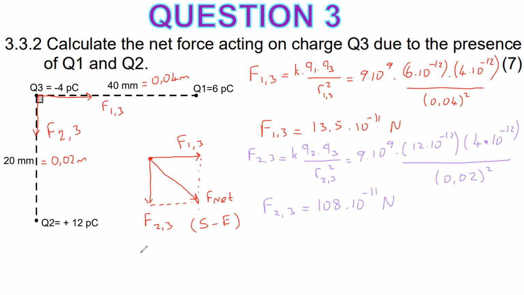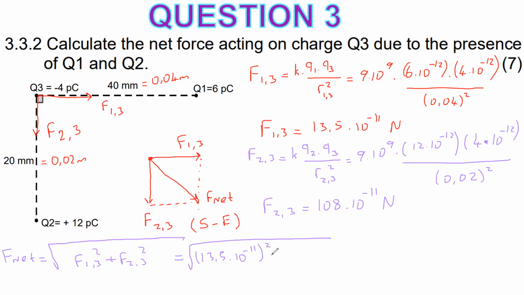How can we calculate net force? F net equals, because they're perpendicular, so we can use F net equals the square root of F13 square plus F23 square, and then you can say equals, using our numbers, what we have, 13.5 times 10 to the power of negative 11 square plus what we have, 108 times 10 to the power of negative 11 square. Let's make it longer.